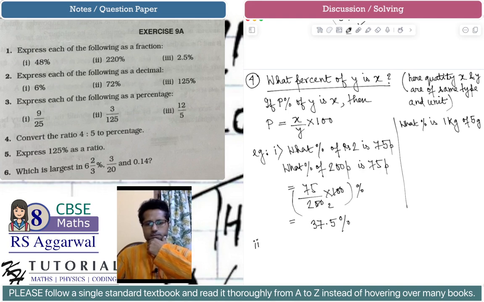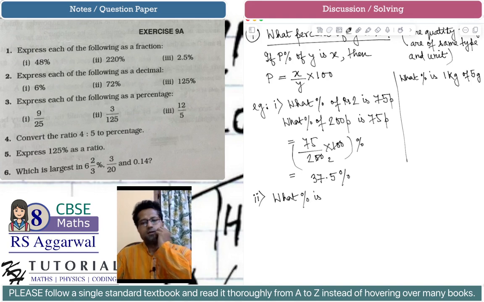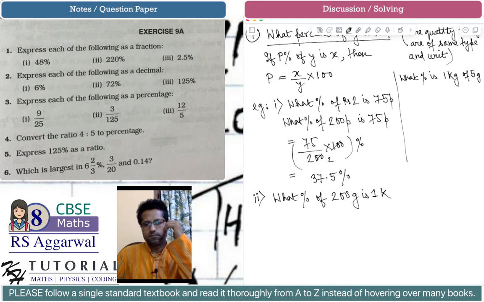Let's take another example. Let's say what percentage of 200 gram is 1 kg. So we are asked what percentage of 200 gram is 1 kg.